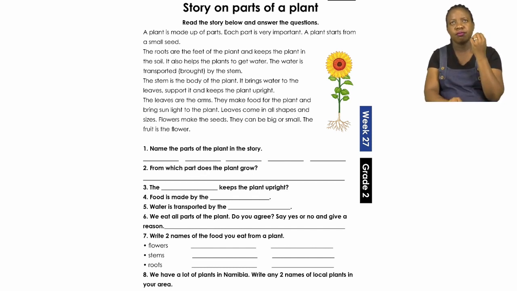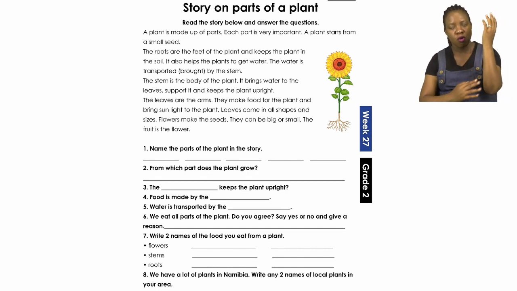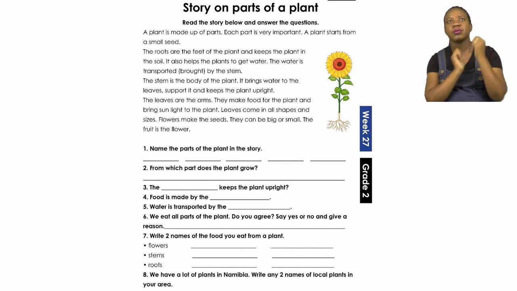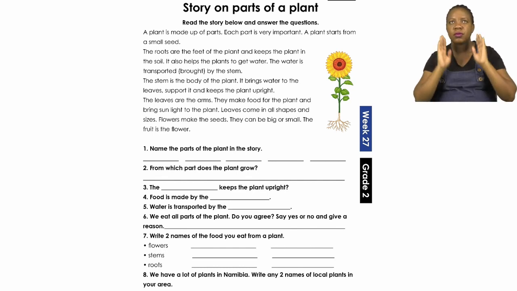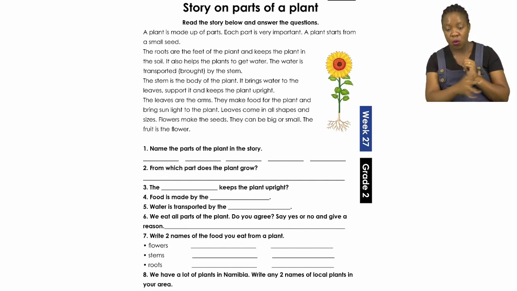It also helps the plant to get water. The water is brought by the stem. The stem is the body of the plant. It brings water to the leaves, supports it, and keeps the plant upright.